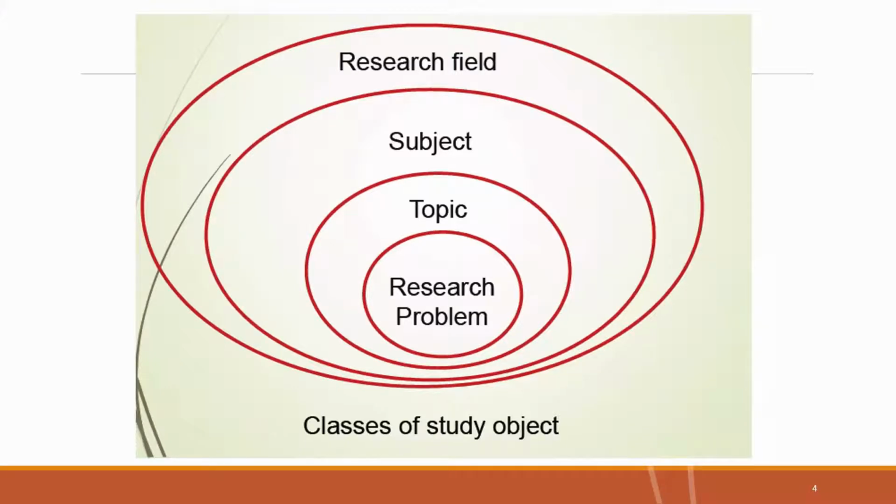I think that before I start the research, I usually circle from the field that I want to do. Then I move into the subject. For example, I had a topic I did in Master 1 about bioinformatics.